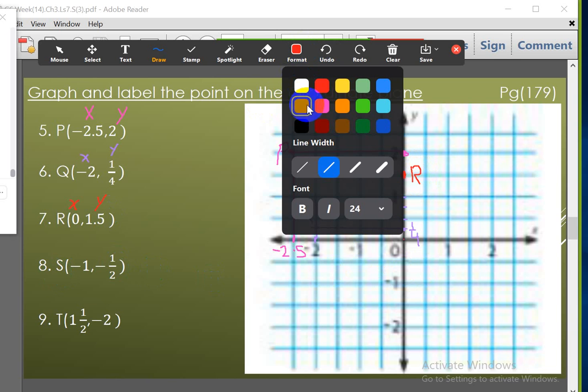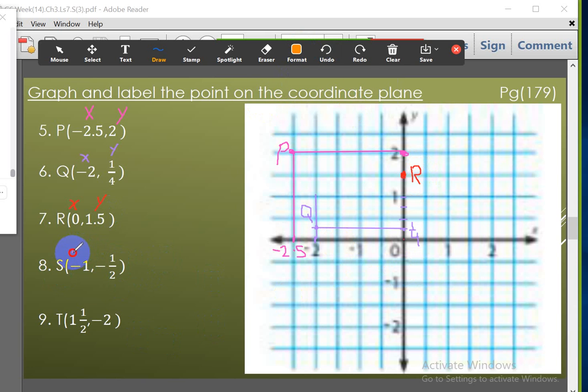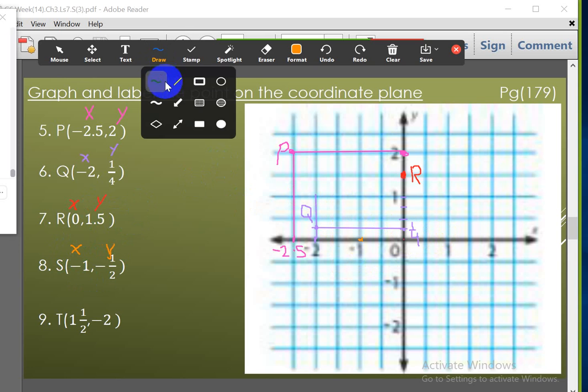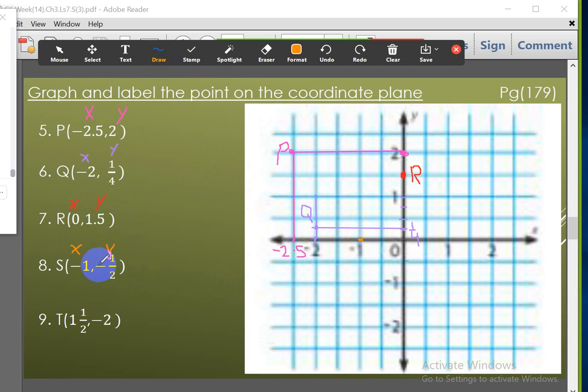Now S. The X is the first coordinate, the Y is the second, always. Now, -1 is the X. -1 means it will be on the left side of 0. This is the first coordinate, the X coordinate. And the Y is -1 over 2. Negative on the Y axis means it will be down.